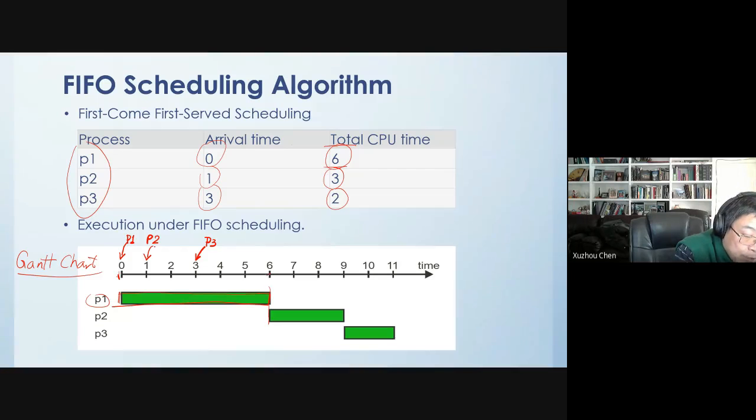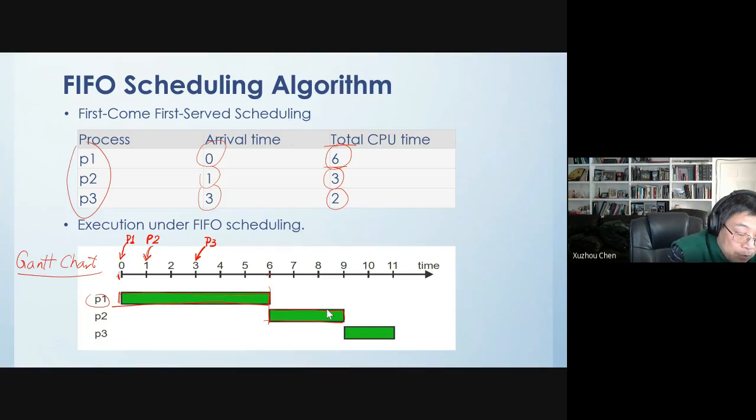Now process 2 arrived at time 1. Even though it arrived at time 1, it cannot get the CPU because process 1 is currently using it, so process 2 has to wait, and process 3 has to wait. When process 1 finishes the job, the scheduler picks the next process based on the first come, first served rule.